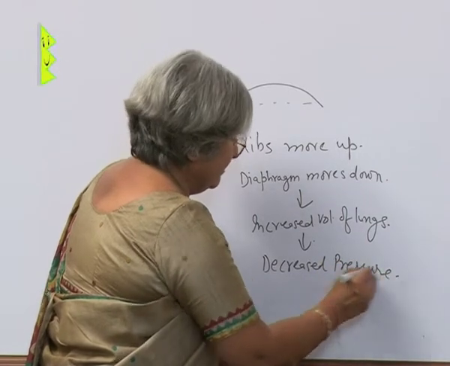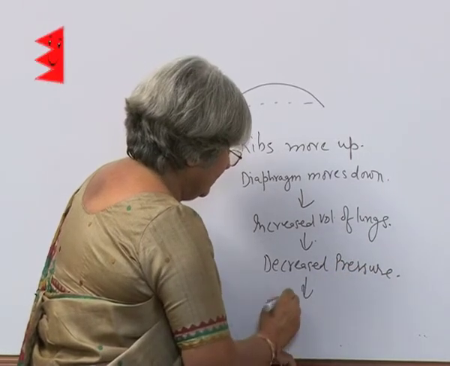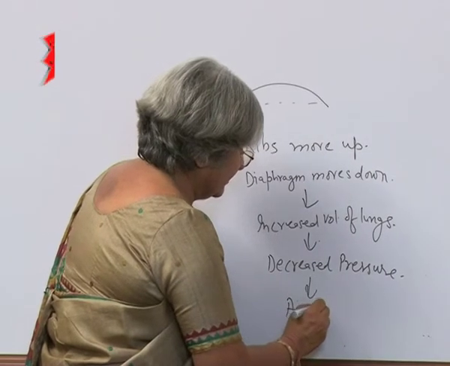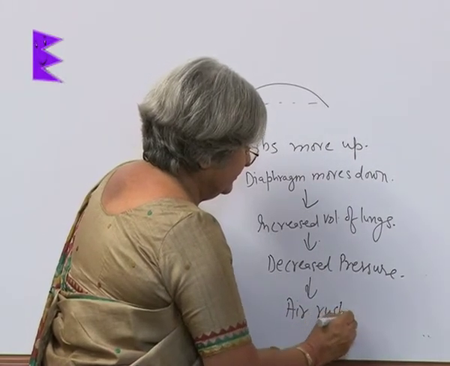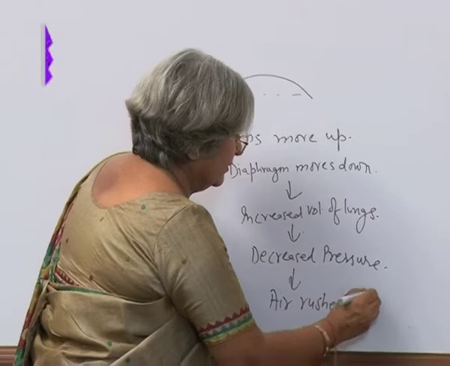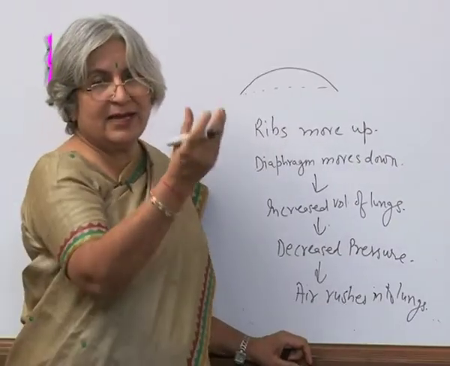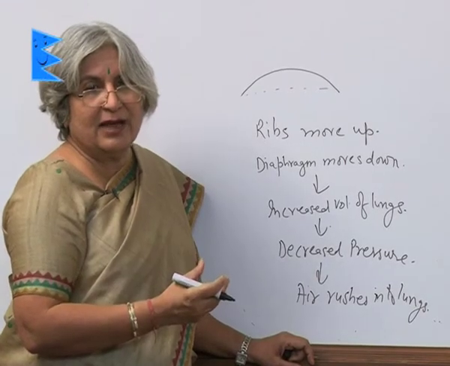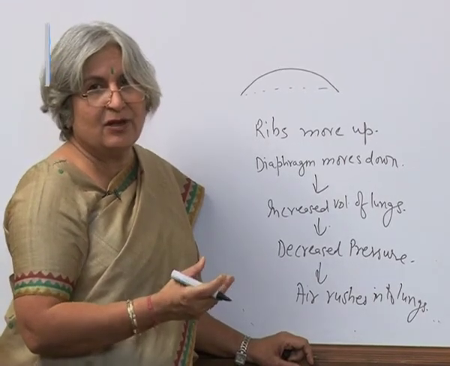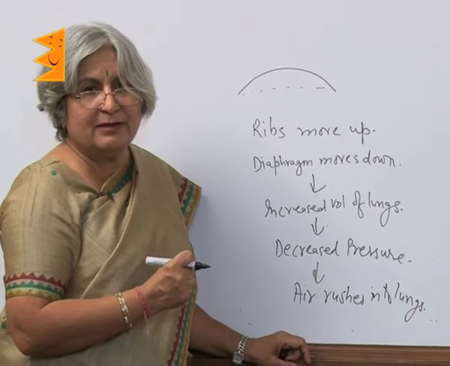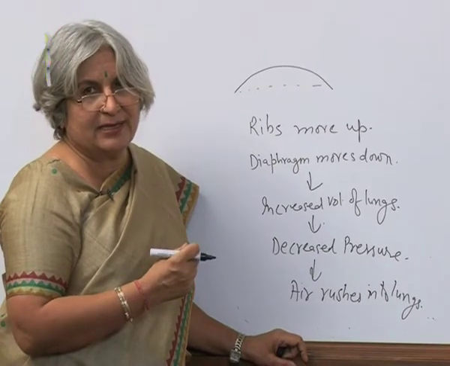As a result, air will rush into the lungs. Once the air comes into the lungs, oxygen also comes. Oxygen is taken in by blood and carbon dioxide is released.